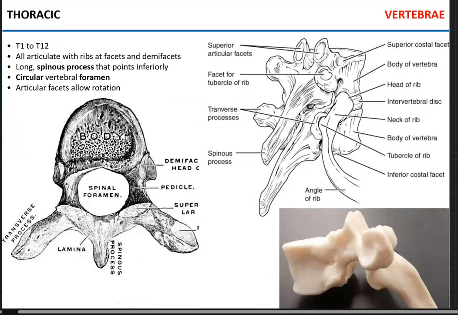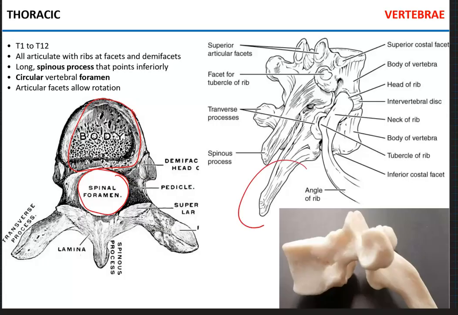Thoracic vertebrae. Well, they carry more weight, so the body is bigger. The vertebral foramen. Sorry, I had to pick this image from Gray's Anatomy. Transverse process is fine.